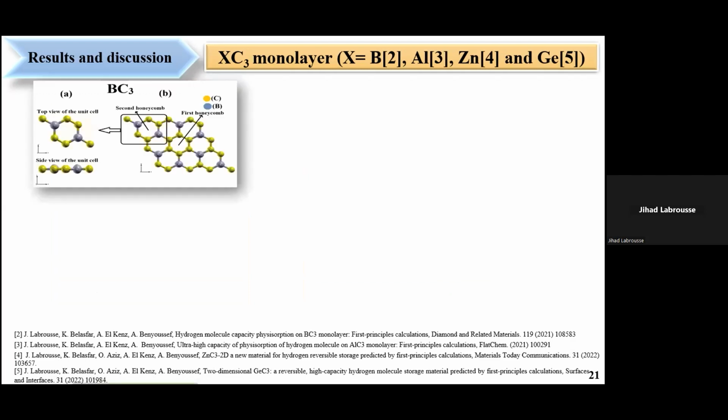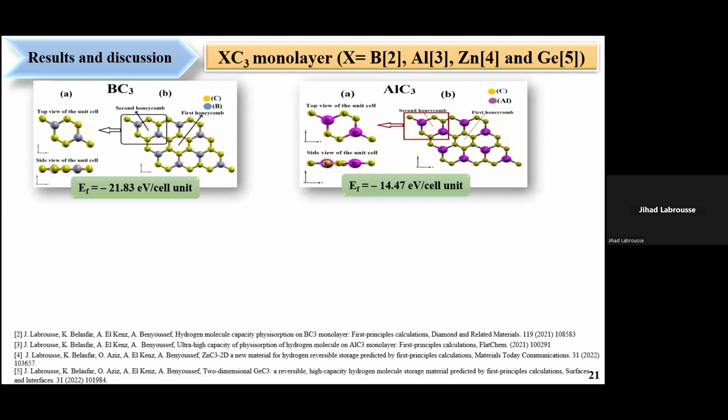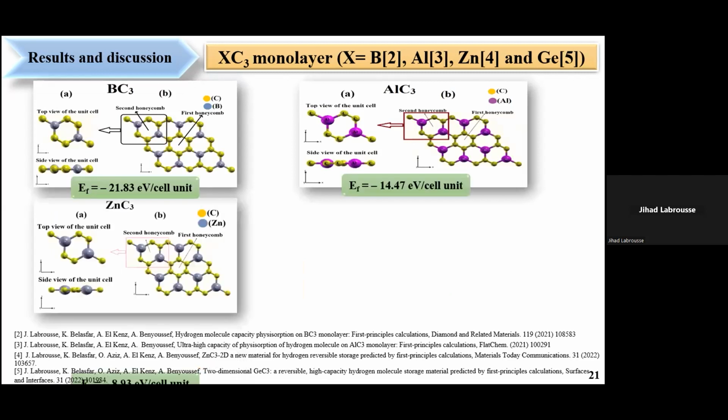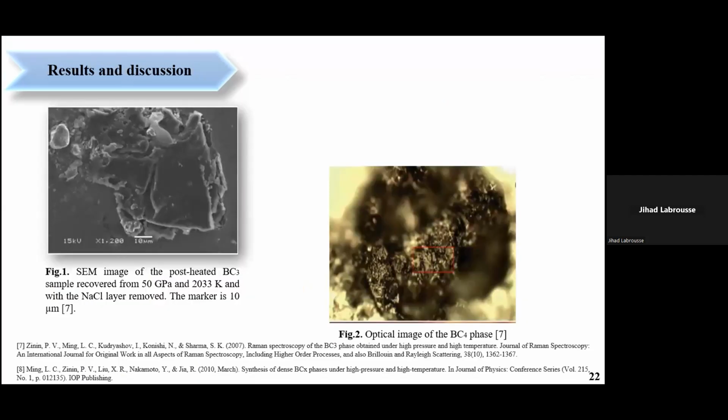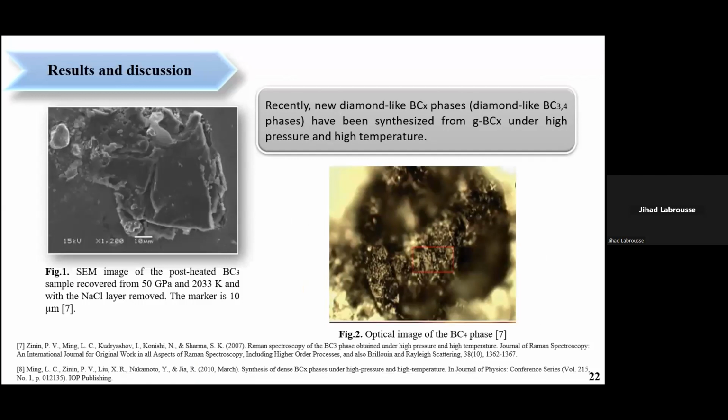We studied further the stability of these systems by calculating the formation energy, and we found that our materials were stable owing to the negative value of formation energy. Actually, recently, Zenini et al. succeeded in synthesizing new diamond-like PCX phases.